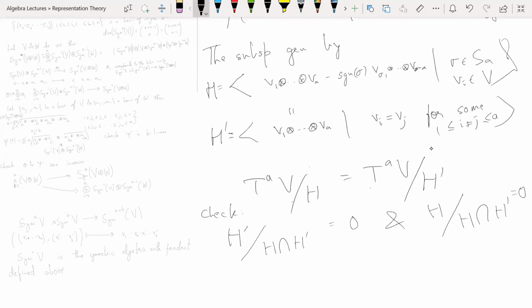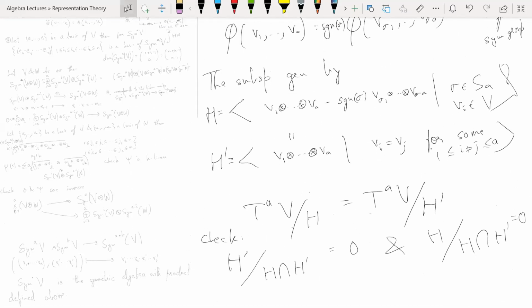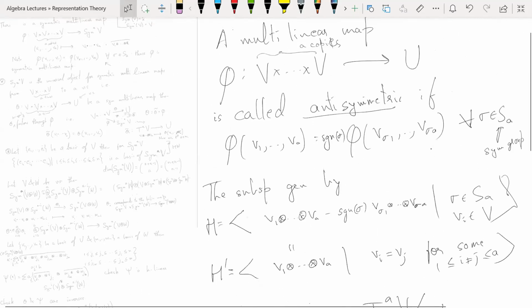So that tells you that both of them must be the same subspace. So their images in the corresponding quotients are the same. So TAV, you can quotient out either by this or that to get the exterior powers.